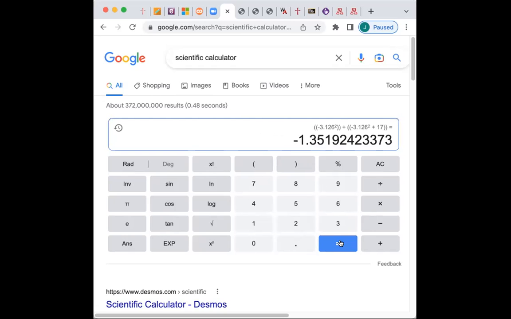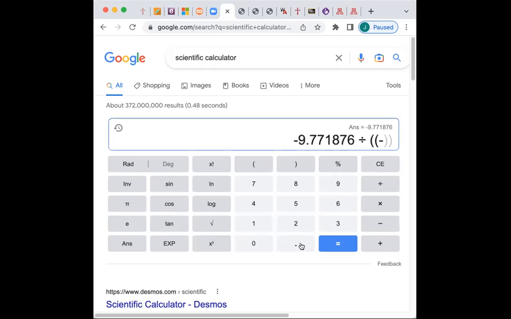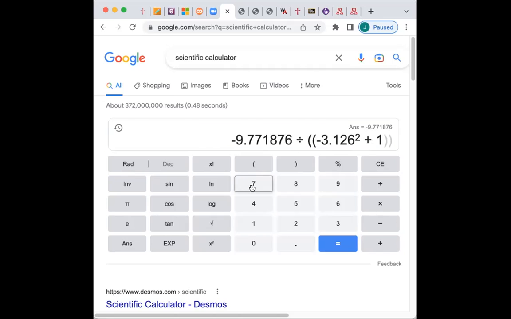Why did that not work? No, that's not right. Negative 3.126 second power divided by negative 3.126 second power plus 17.